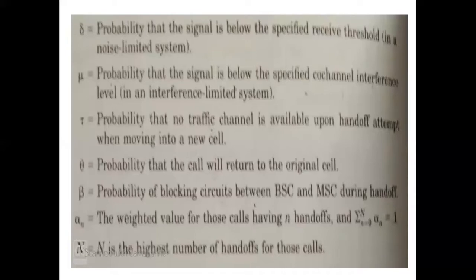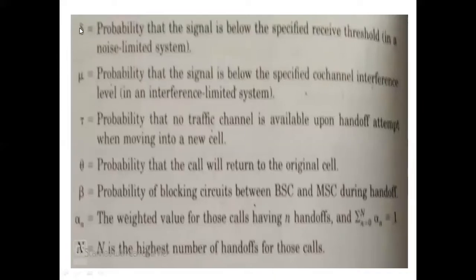Similarly, the dropped call also depends on C by I value and voice quality. The voice quality probability is measured by delta. And whether the area is up to the required C by I value or less than the required C by I value is measured in terms of probability by mu.